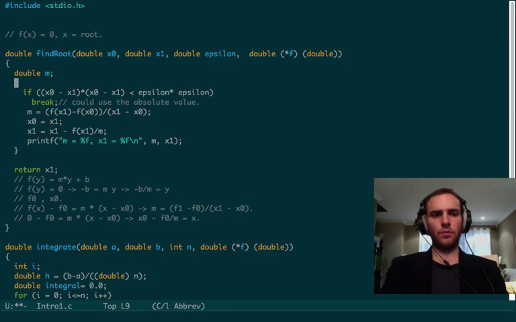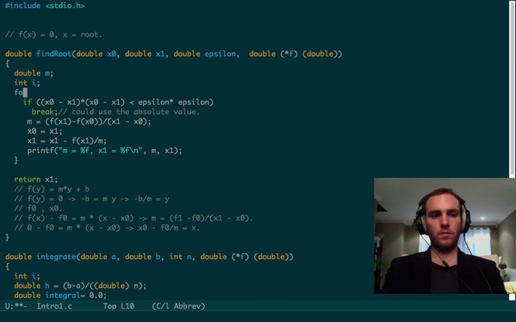What I think we should do is keep the for loop. So we're going to do a certain amount of steps, say 100 steps, before giving up.